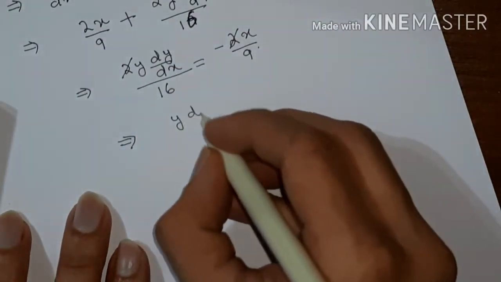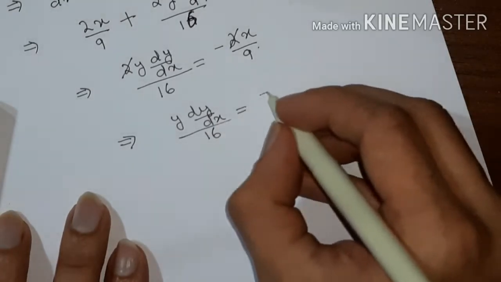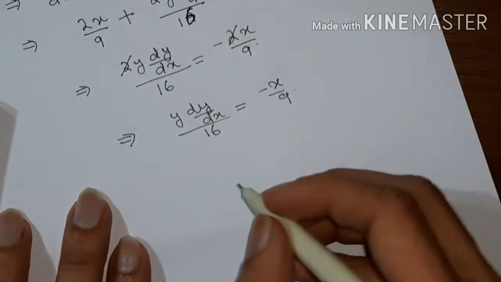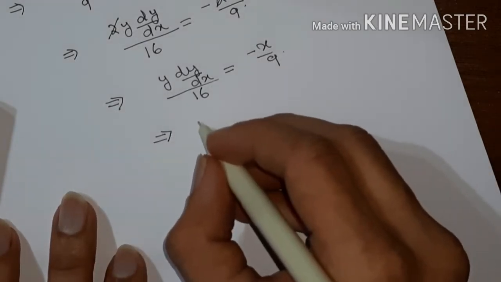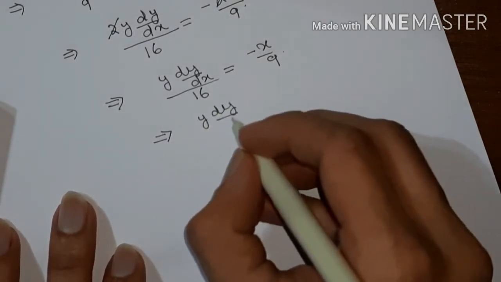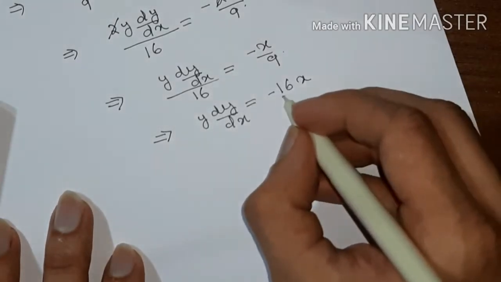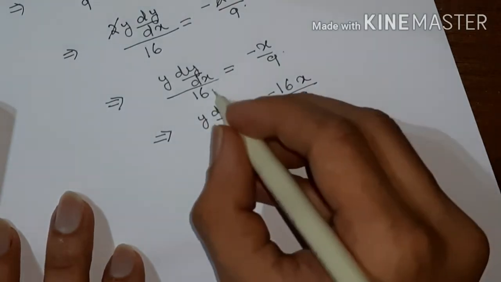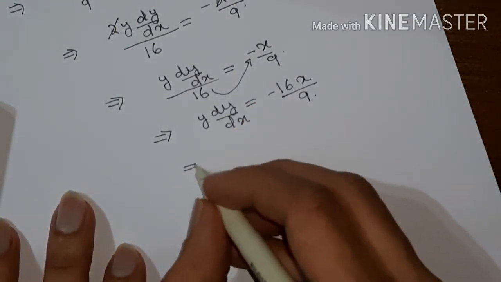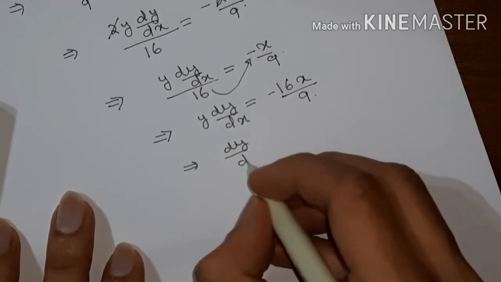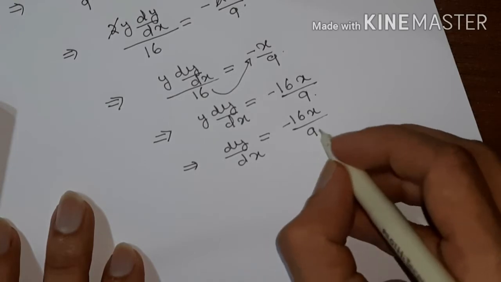You will get y dy by dx divided by 16 equal to minus x divided by 9. So this implies y dy by dx is equal to minus 16x divided by 9, if I take 16 to the other side of the equation. So this implies dy by dx is equal to minus 16x divided by 9y.